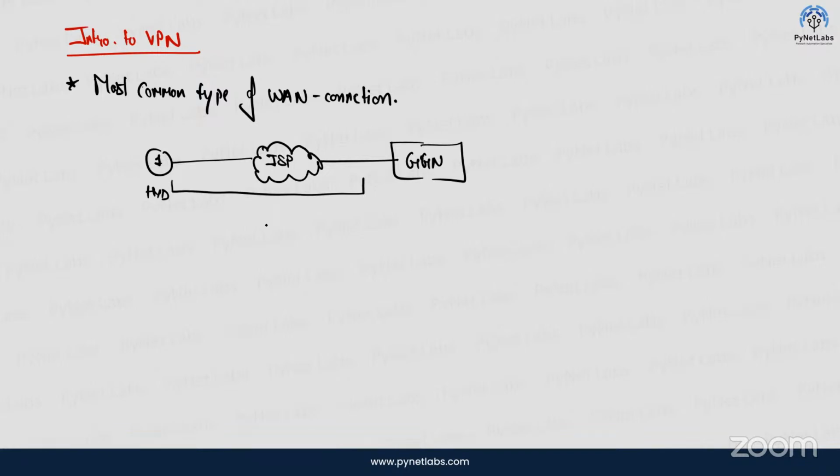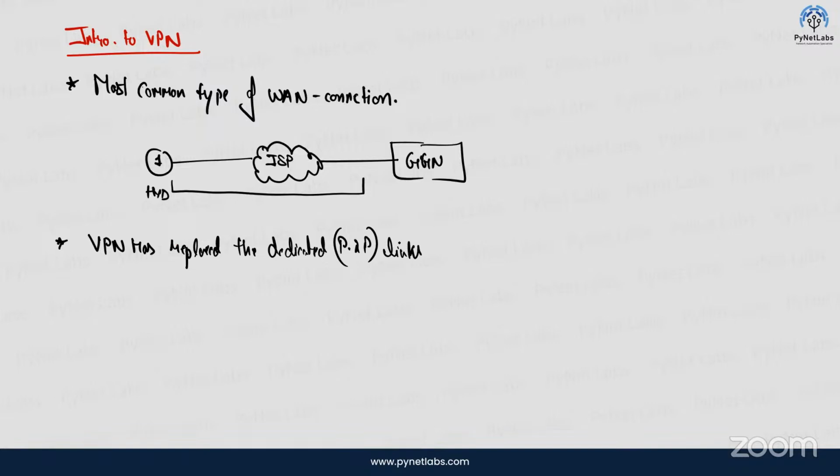Apart from that, it can be the internet, or any other MPLS technology, or any kind of WAN connection. When I say the introduction of VPN, VPN is something which has replaced the dedicated point-to-point links. So let's write here: VPN has replaced the dedicated point-to-point links. I'm going to write P2P, meaning point-to-point links.